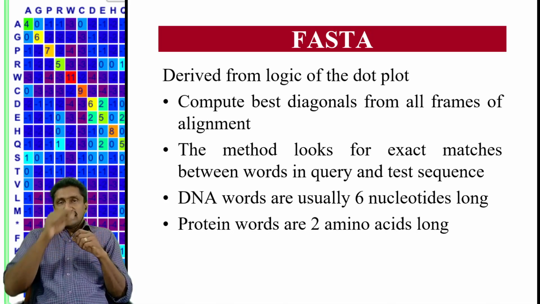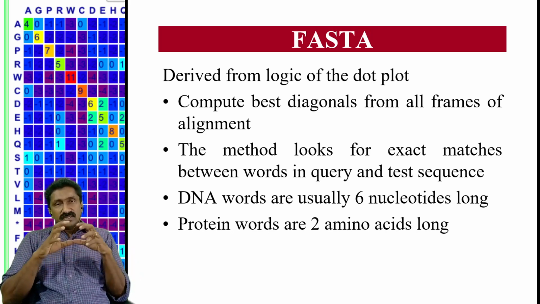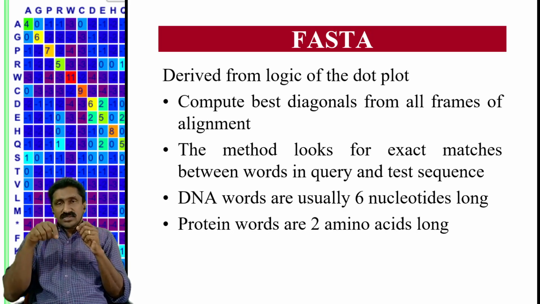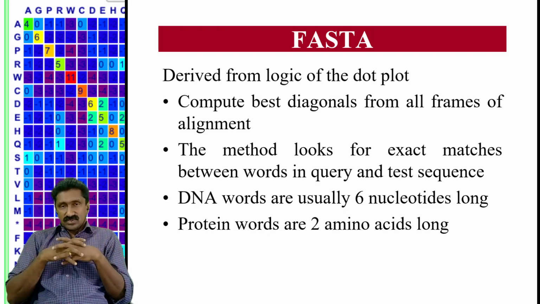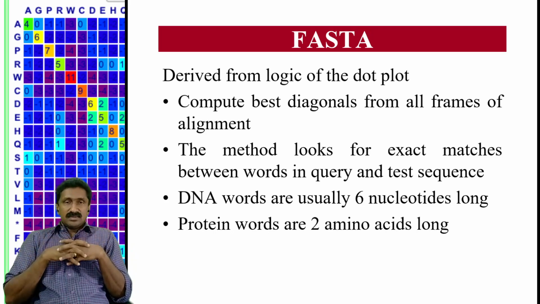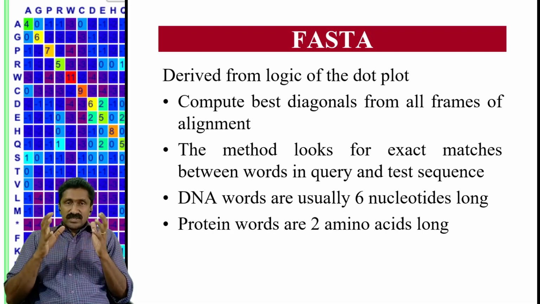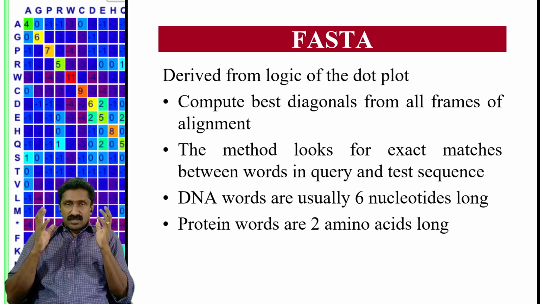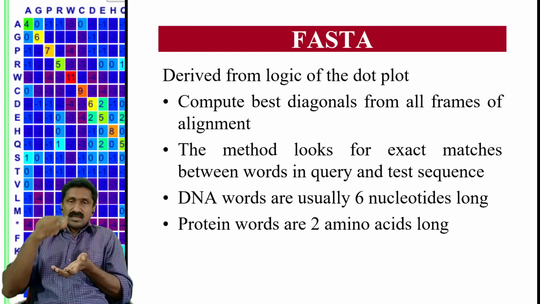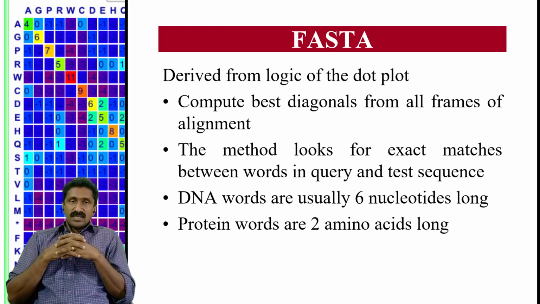find diagonals of the words. Instead of letter by letter comparison, you construct the best possible or longest diagonals by searching for words, from the matching of the two sequences identified first. Just imagine the picture of a dot matrix plot where two sequences are represented on the x and y axes, and dots are placed wherever matches are found.